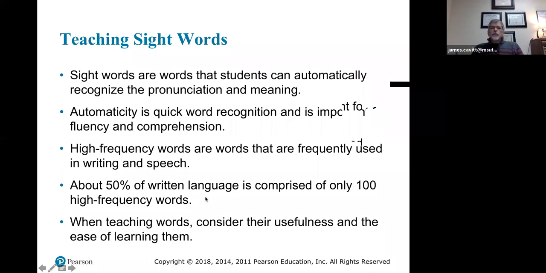About 50% of written language is comprised of only 100 high frequency words. That's an interesting thing, isn't it? I find that very interesting. When teaching words, consider their usefulness and the ease of learning. When you get to the classroom, you might want to have word walls and label things to help kids identify what certain things are, and to have a literacy rich environment. That's very important.